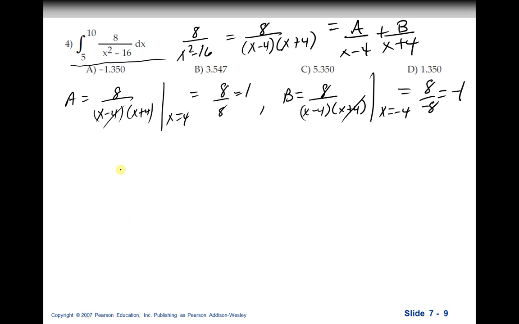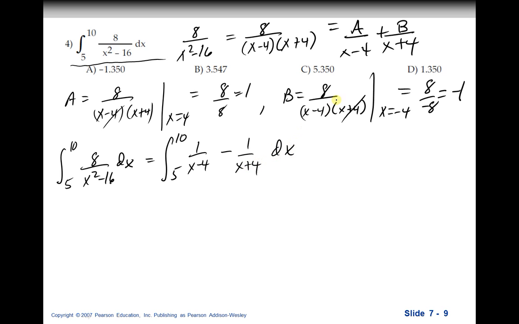So we have the integral from 5 to 10 of 8 over (x squared minus 16) dx equals the integral from 5 to 10 of 1 over (x - 4) minus 1 over (x + 4) dx, and that equals ln of (x - 4) minus ln of (x + 4).